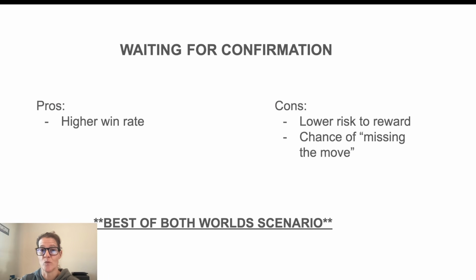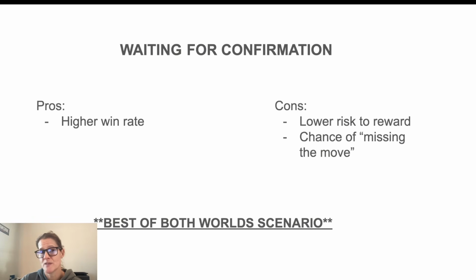The pros and cons of waiting for confirmation, obviously you have a higher win rate. The cons are lower risk to reward, and then there is a chance of missing the move, which shouldn't be a reason to FOMO into a trade anyway, because there's always going to be another opportunity.